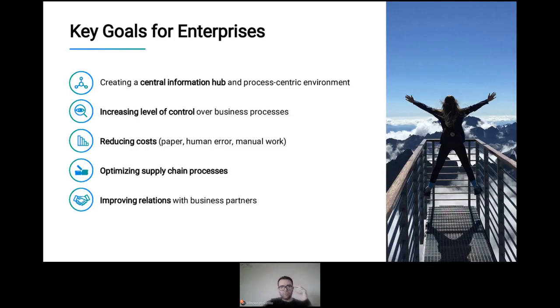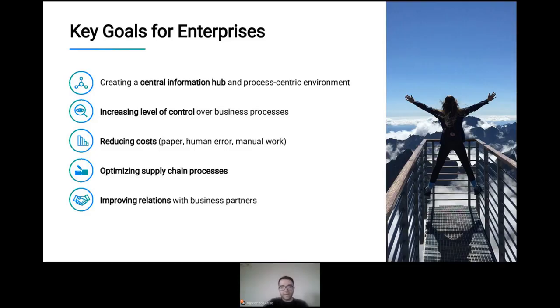Also, what I would like to discuss is the main key goals for enterprises. As you can see in this slide, these are the key goals that many enterprises will need to achieve for next year.